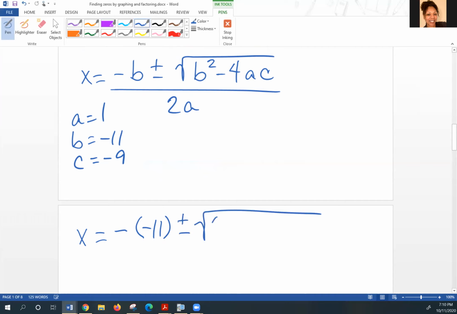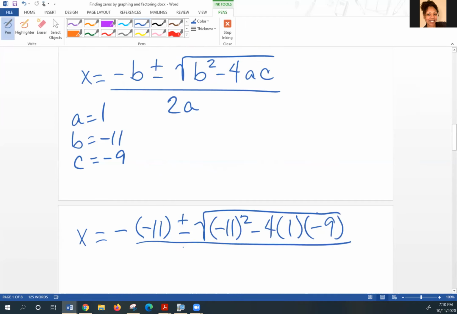Square root, and that b is still the same, it's still negative 11, but this time you're squaring it, minus 4 times a, which we said is 1, and then c, which is negative 9, all divided by 2 times that same a, which is 1. So if I'm doing it right, I see that both b's are the same and both a's are the same. And now I just look at my c and verify that.